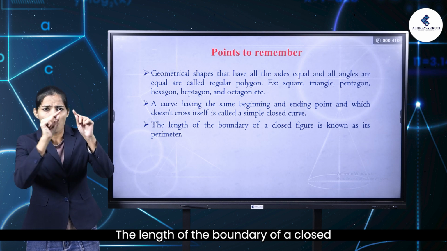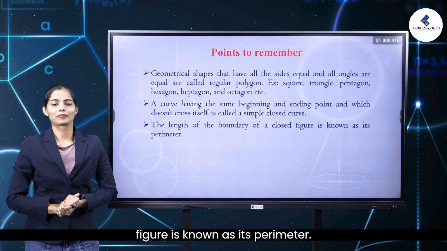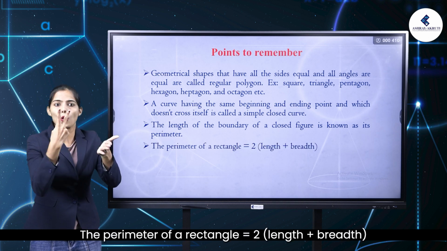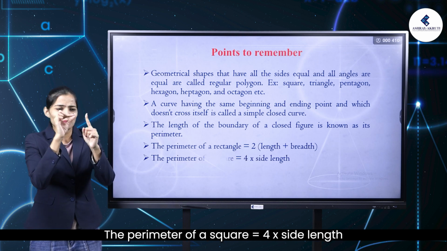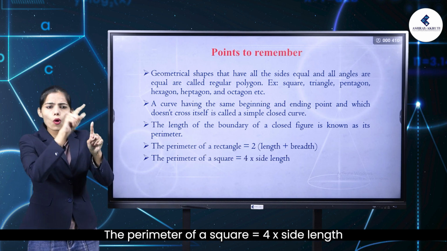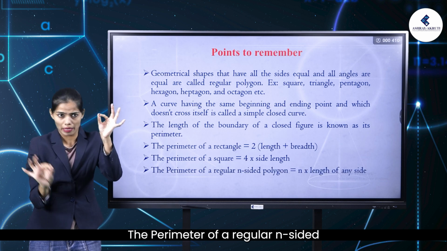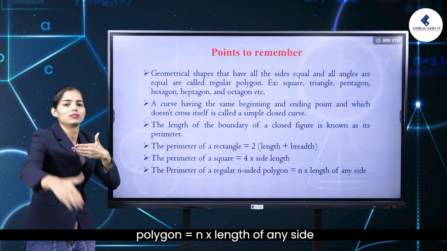The length of the boundary of a closed figure is known as its perimeter. The perimeter of a rectangle is equal to 2 into (length plus breadth). The perimeter of a square is equal to 4 into side length. The perimeter of a regular n-sided polygon is equal to n into length of any side.